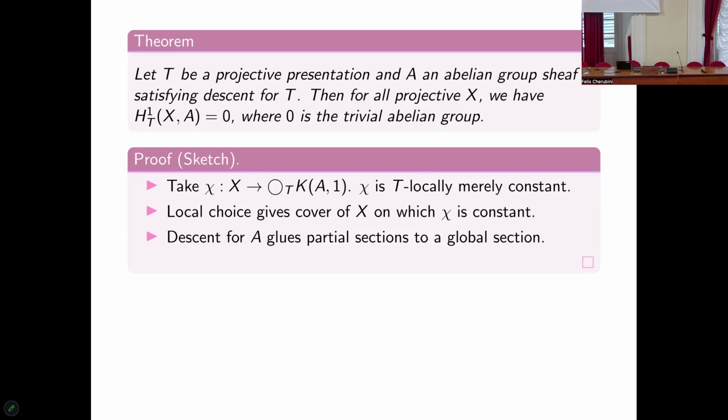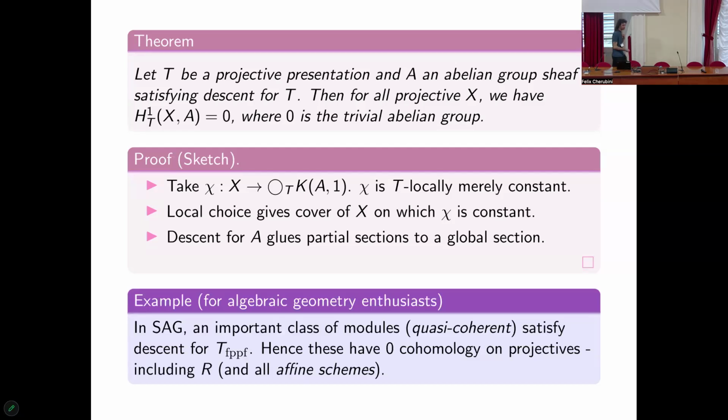And as a corollary of this, we can now prove something new in synthetic algebra. It's very easy to check. This is for synthetic algebraic geometry, so don't worry if you don't care. But in synthetic algebraic geometry, we have a very nice class of modules that satisfy descent. It's like I picked the condition.